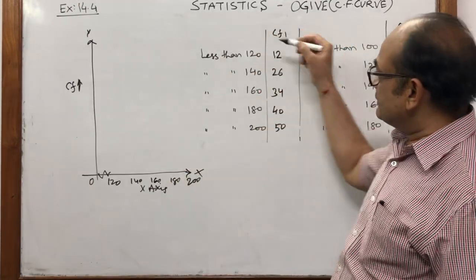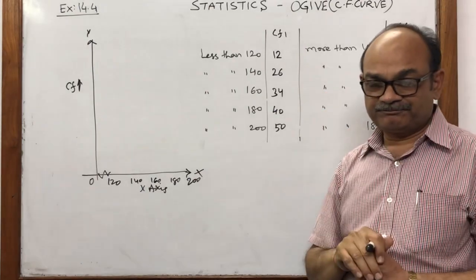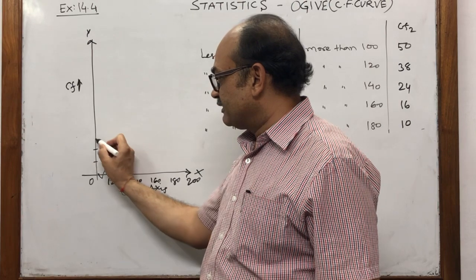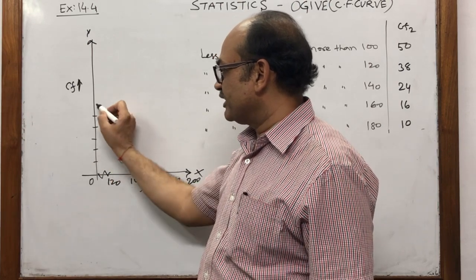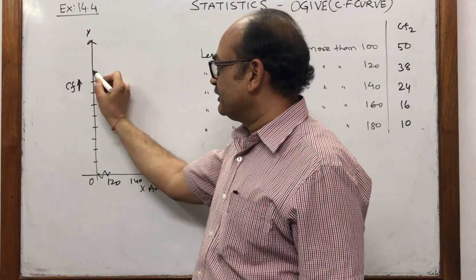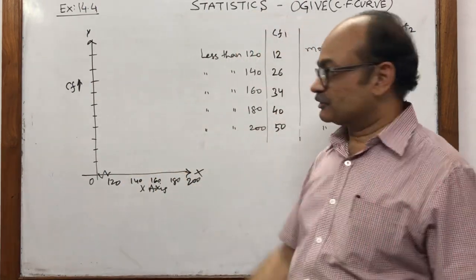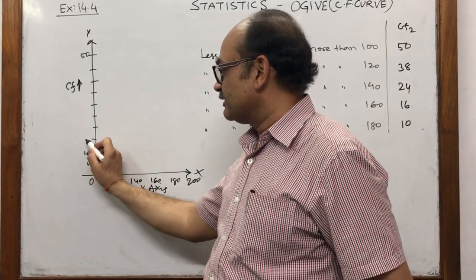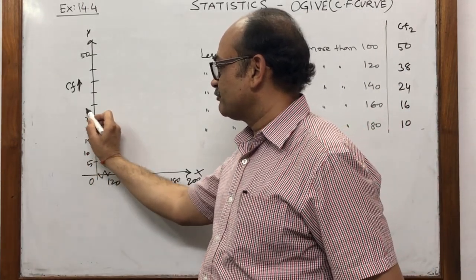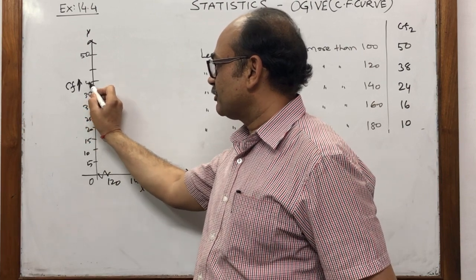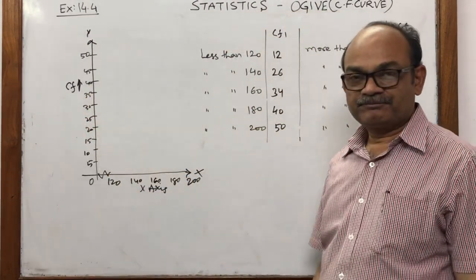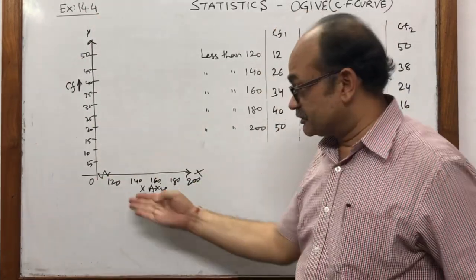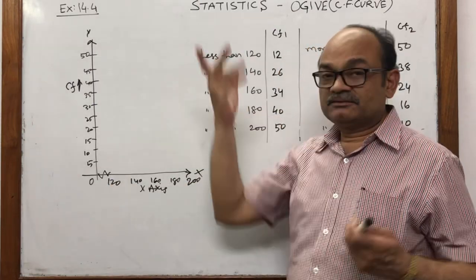The scale is of your choice, depending on what type of graph paper you have. Then on the y-axis we want up to 50. If you take 1 centimeter as 5, then 10, 15, 20, 25, 30, 35, 40, 45 and 50. So the last number is 50. The scale may be different; it is not that the scale here will be the same here, because here 120, 140 is running and here up to 50.